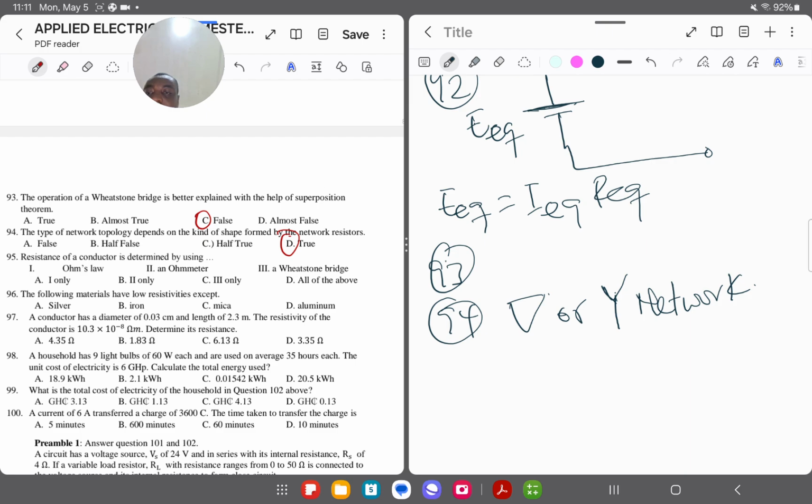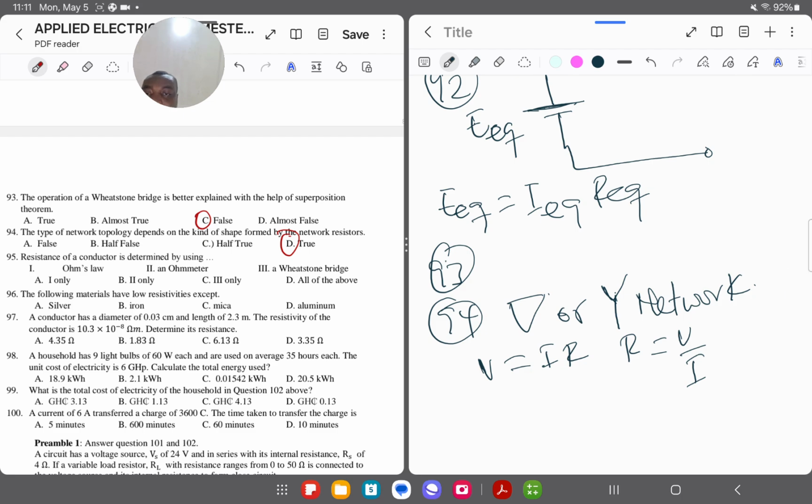Now Ohm's law. Yes, you can use Ohm's law to find the resistance. Voltage is equal to current times resistance. So you make resistance the subject, you get voltage over current. So that will give you the resistance.